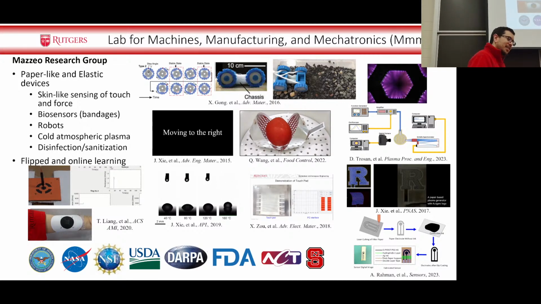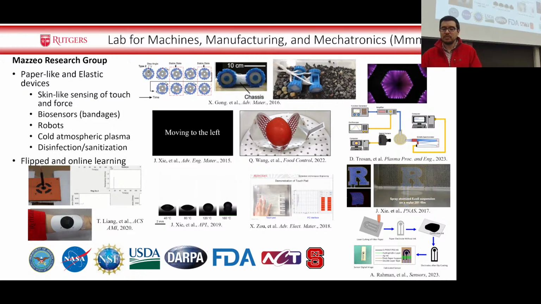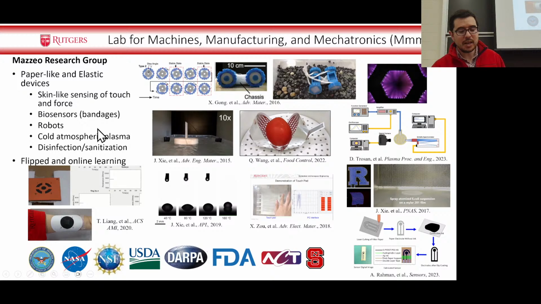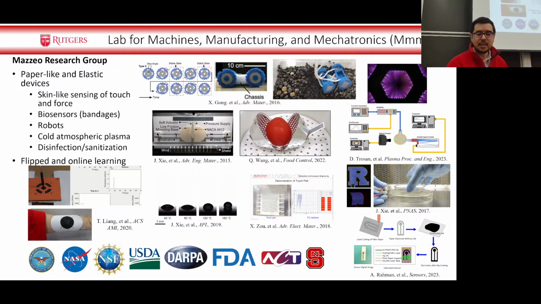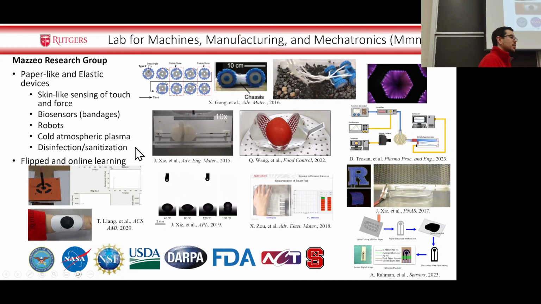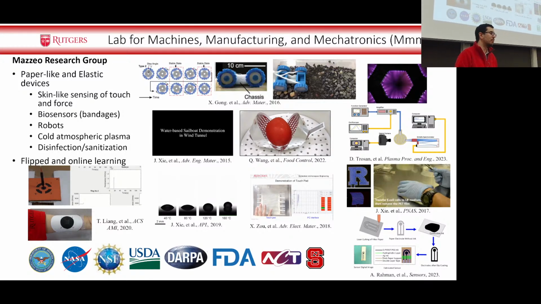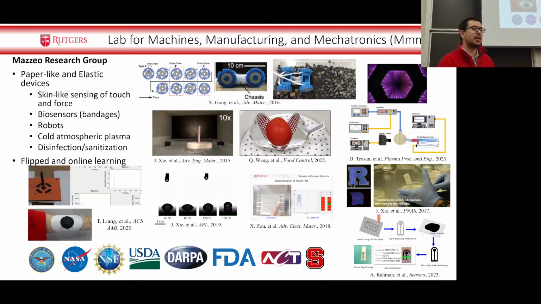So this slide is just a summary of some of the things that we've been working on in our group of late. We do work in biosensors and robotics. In particular, we've been looking at scrubbing robots. We do quite a bit with sanitization, disinfection using cold atmospheric plasmas or low temperature plasmas as well. If you're interested in learning more about these topics, just drop us a line.